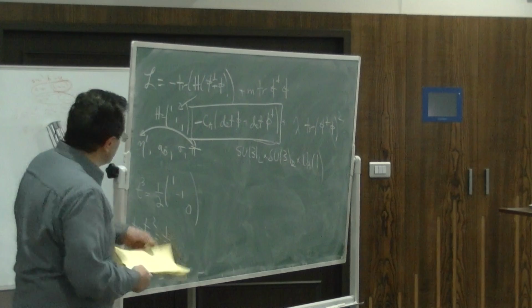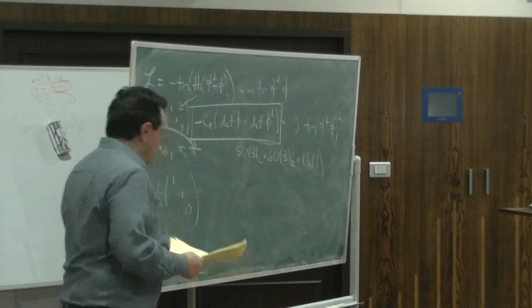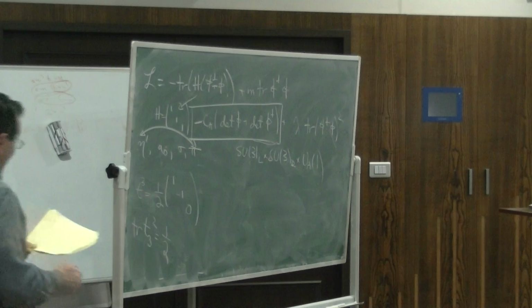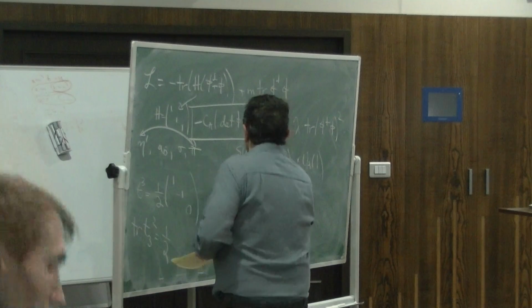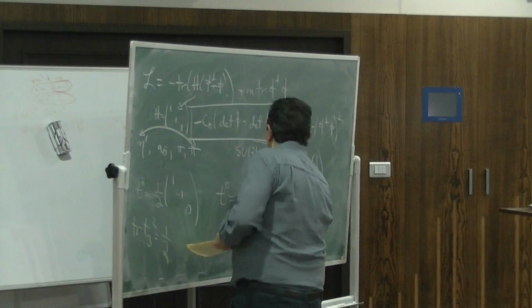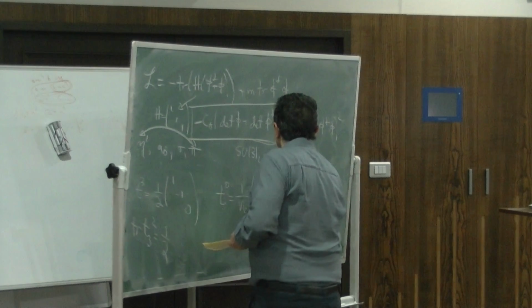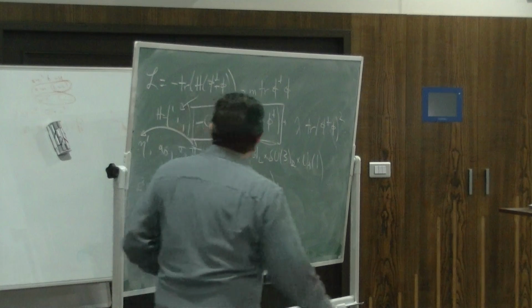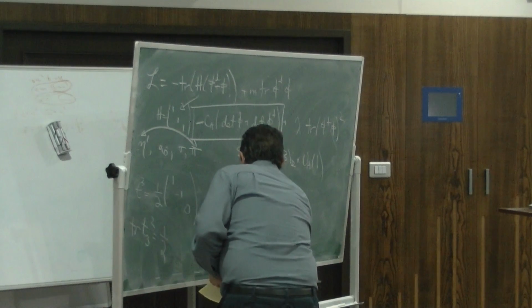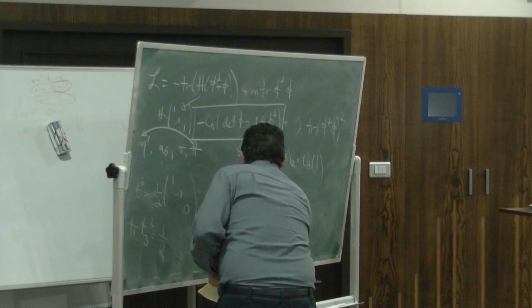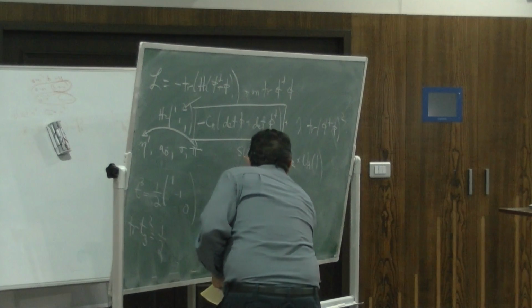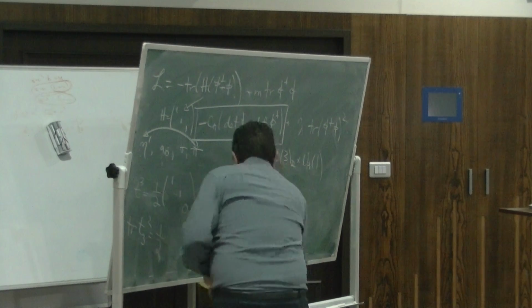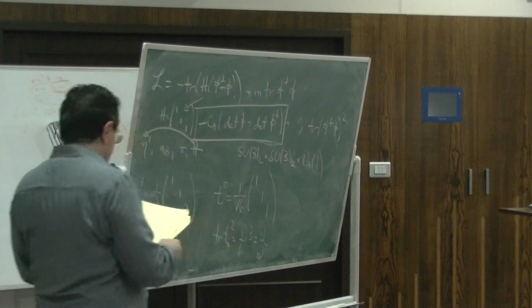If I square this, I get 1/4 times 1 plus 1, which is 2. And then for the diagonal generator, you have to take 1 over the square root of 6 times 1, 1, 1. Because again, if you square this, the trace of T naught squared is equal to 1/6 times 3, which is 1/2. So you have to take that.